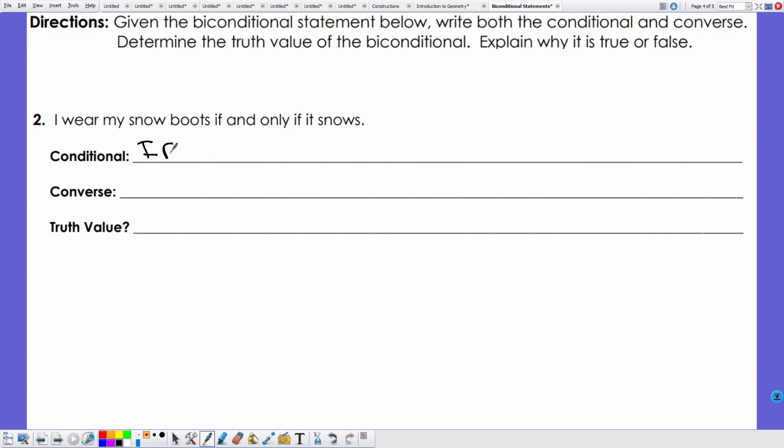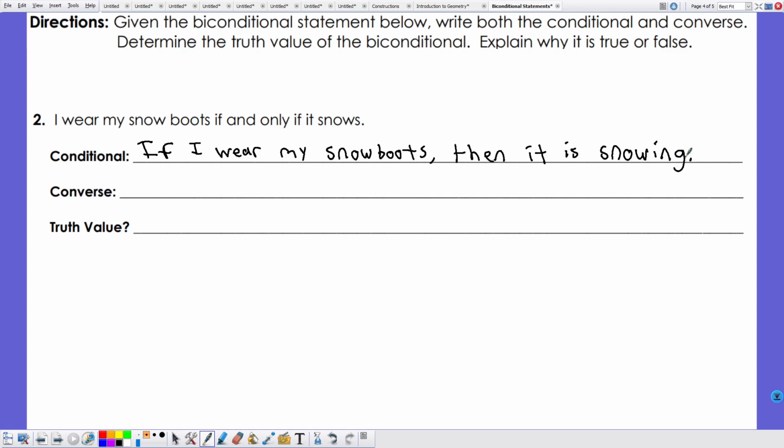If I wear my snow boots, then it is snowing. You can see I'm changing a bit of the grammar up just to make more sense. Can be a little flexible when writing it out, but you want to keep the intended meaning the same.